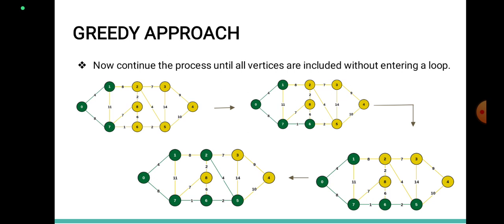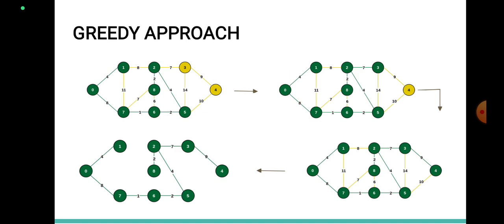In the next step we are choosing vertex 2 because it has an edge with weight 4. Now we have vertices 1, 0, 7, 6, 5, 2. From all these vertices, which is the edge with minimum weight? Here we can choose 8, because it has the edge with weight 2.